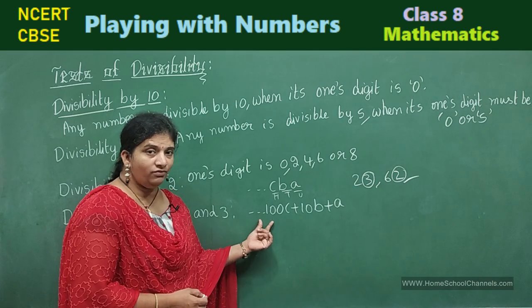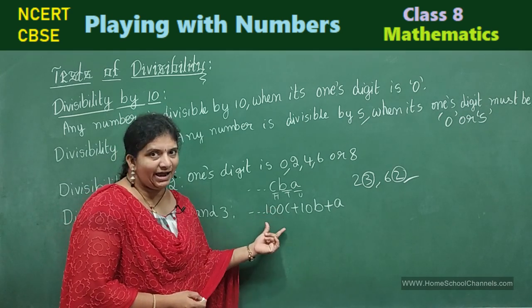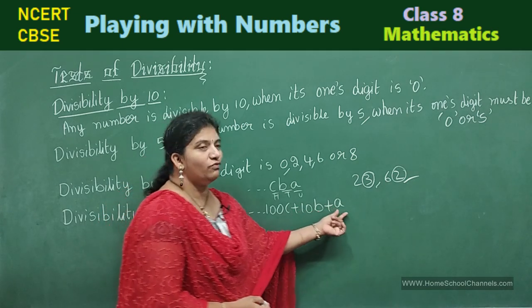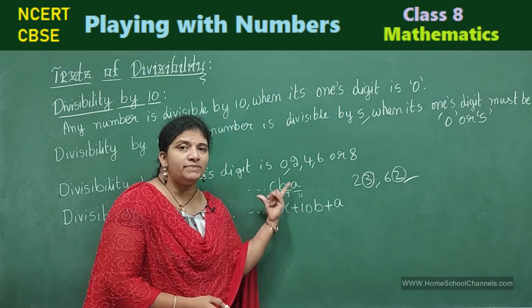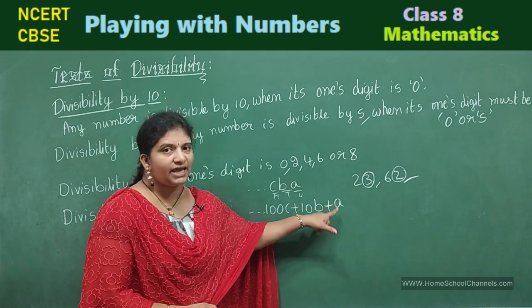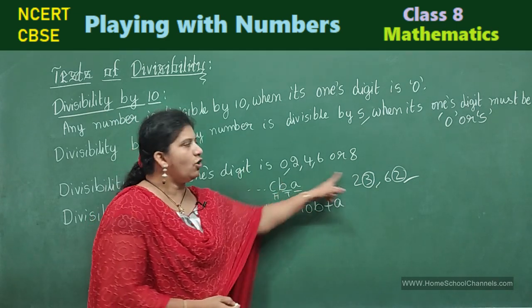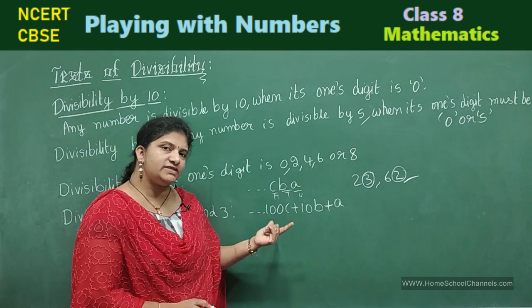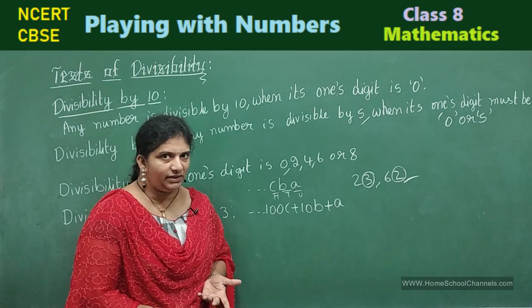Yes or no? How? 2 50s are 100. Coming to 10, 2 5s are 10. Then what about A? If the number is divisible by 2, then A must be any of these numbers. If it is not divisible, then it will be any other number.